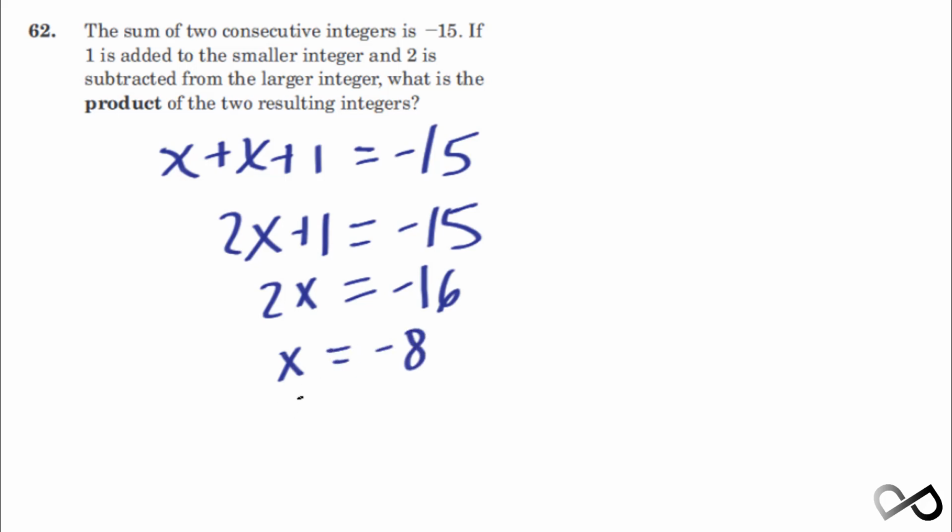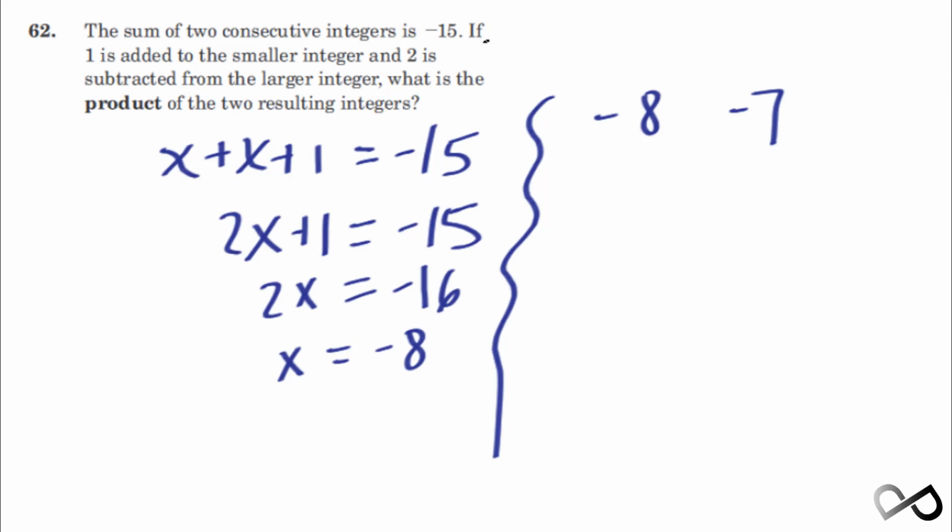So negative 8 is the smaller of the 2 consecutive integers. To get the bigger one, you just add 1. Add 1 to negative 8, which is going to give us negative 7. So our 2 integers are negative 8 and negative 7. Okay, those are our 2 consecutive integers.